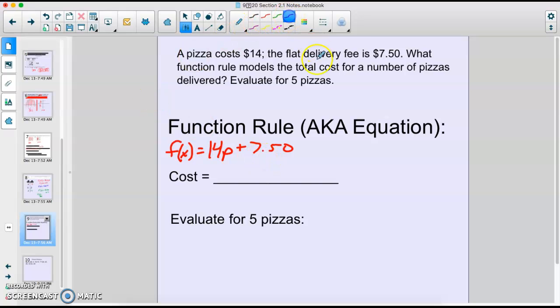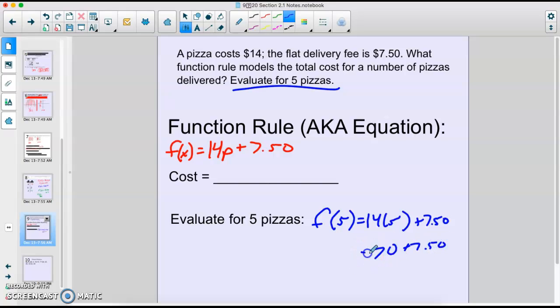Now it wants us to evaluate for 5 pizzas, so f of 5 equals 14 times the number of pizzas plus $7.50. Now, 14 times 5 is 70, and then we add 7.50. It'd be 77.50. I don't need a calculator for that. So $77.50.